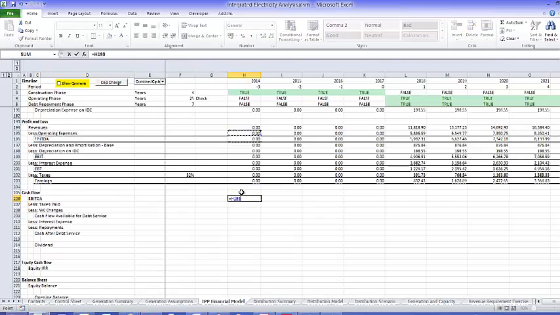But for now, we're just going to start with our EBITDA, take away the taxes we pay. We could have put a net operating loss, leave that out, so we have the EBITDA minus the taxes we pay minus the working capital. That's our cash flow available for debt service.